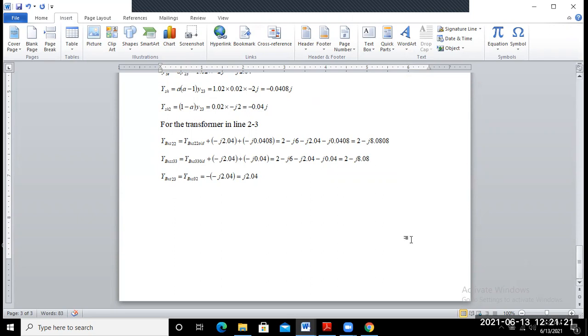So you have already found Y bus 22 new, Y bus 33 new, and Y bus 23, which is also equal to Y bus 32. So put their values in the previous Y bus admittance matrix.